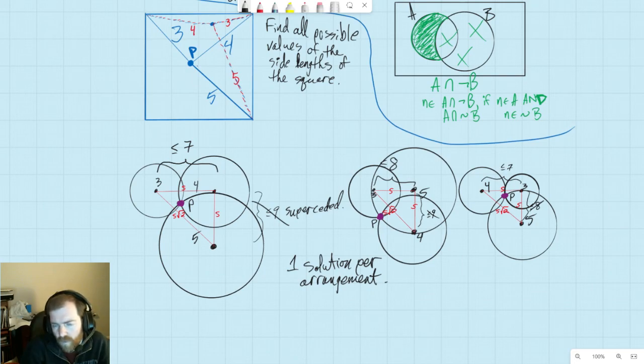So with this, now we've got to figure out what the individual relationships are within the triangles, within the circles, or within the square itself.